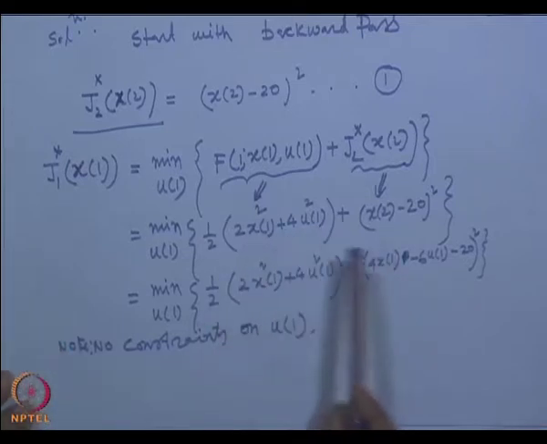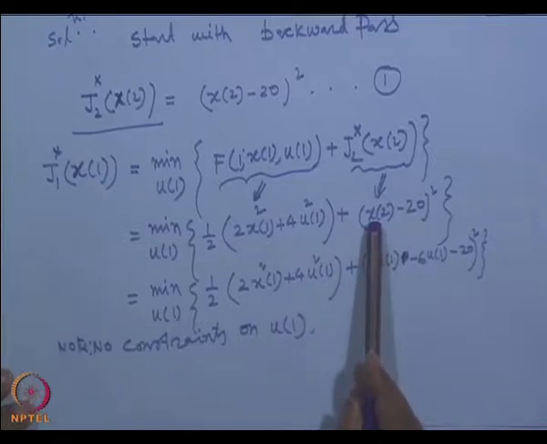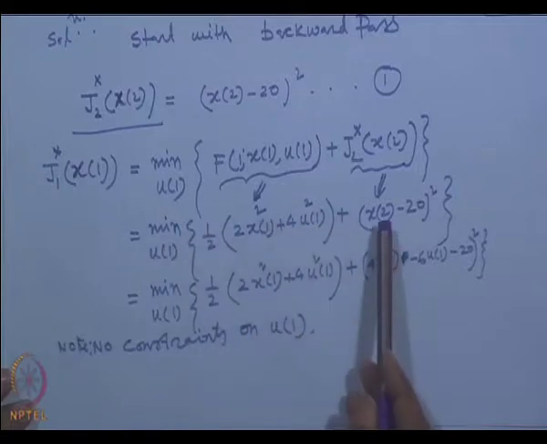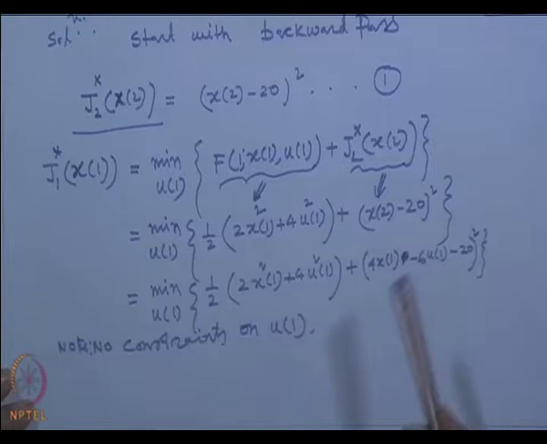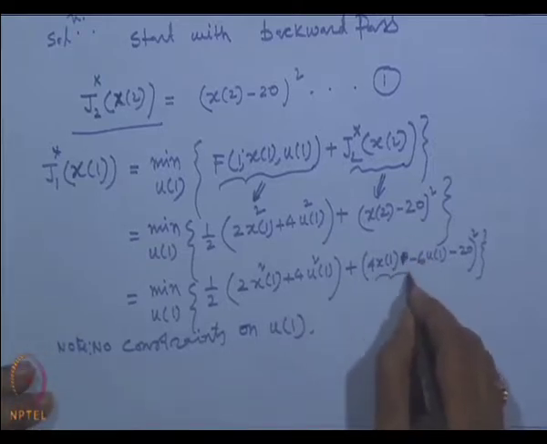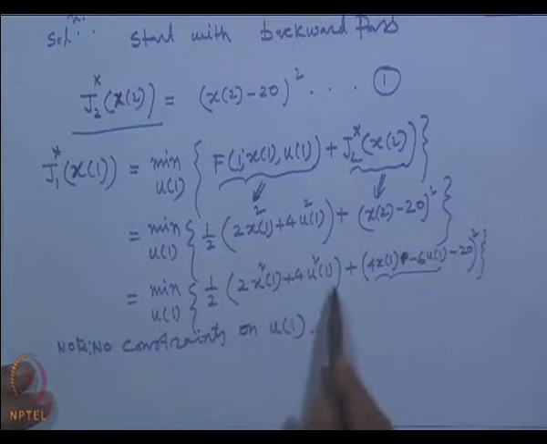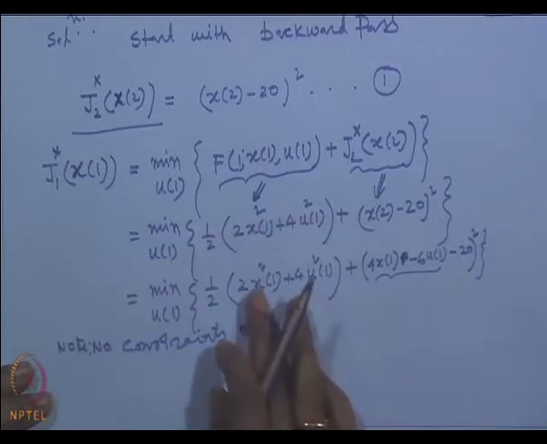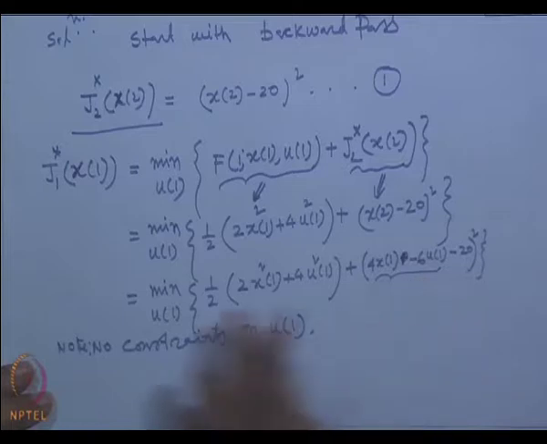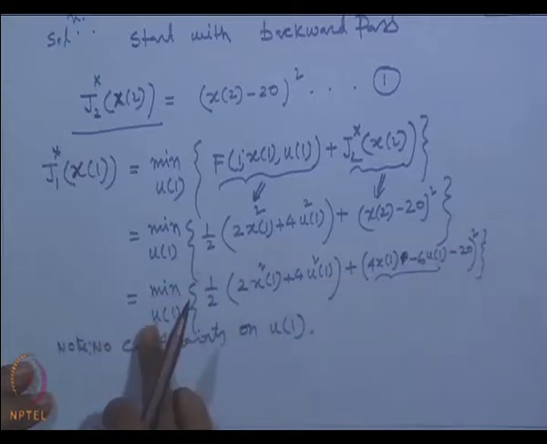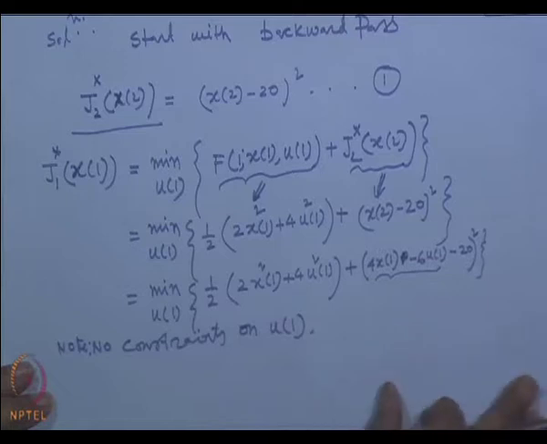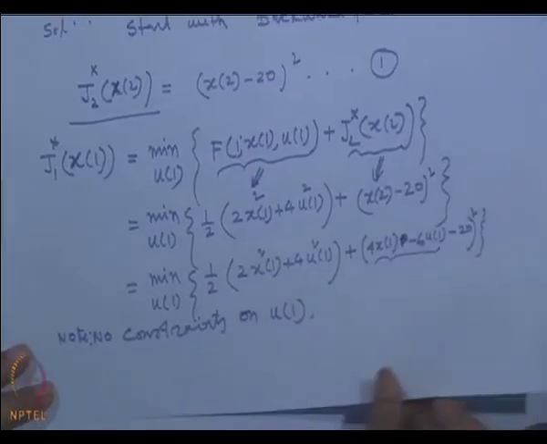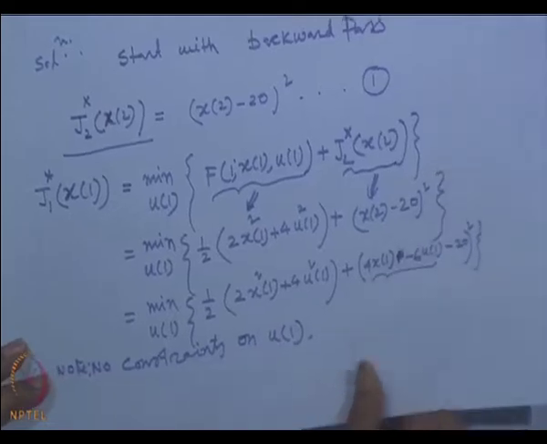Now this x 2 we can write in terms of x 1 from the given discrete time dynamic equation, so x 2 is replaced by this expression, and the remaining is the same. You see that minimization of this performance index depends on x 1, because we have to minimize by selecting u of 1, and we have also seen there is no constraint imposed on the control input u of 1.